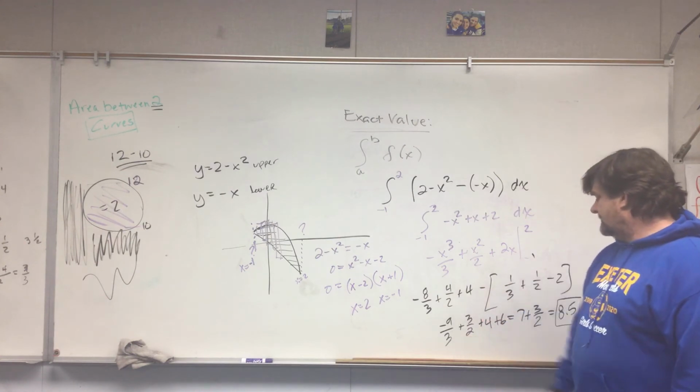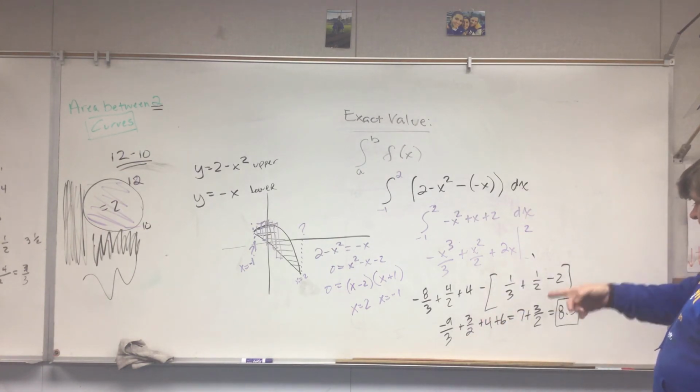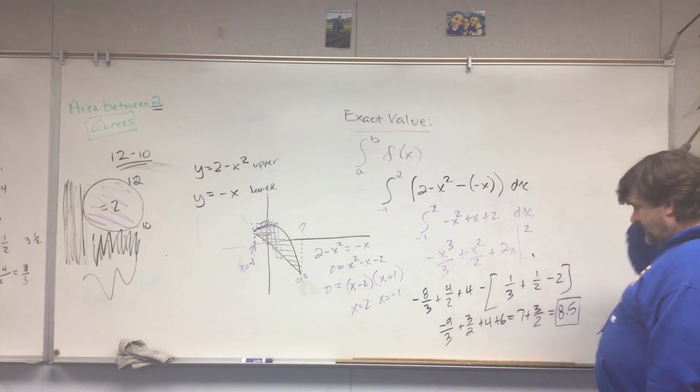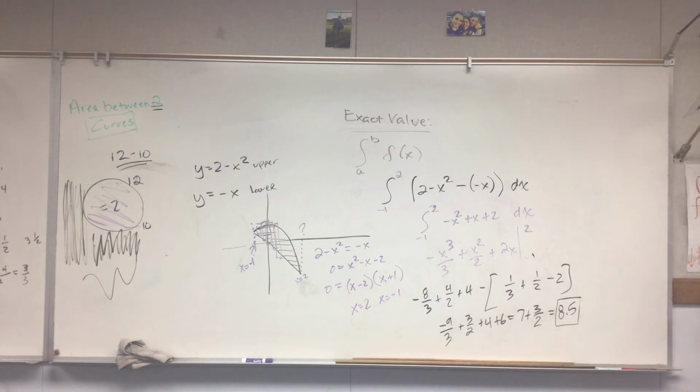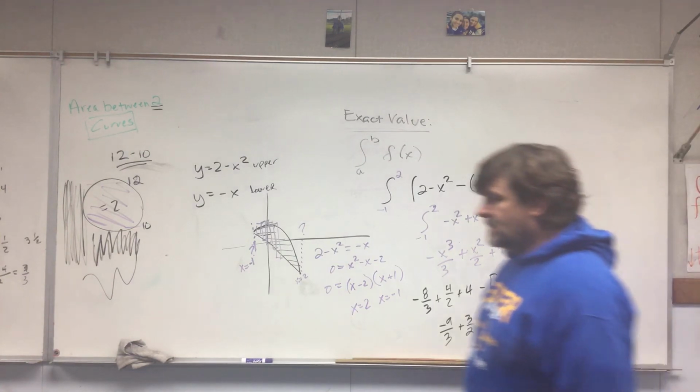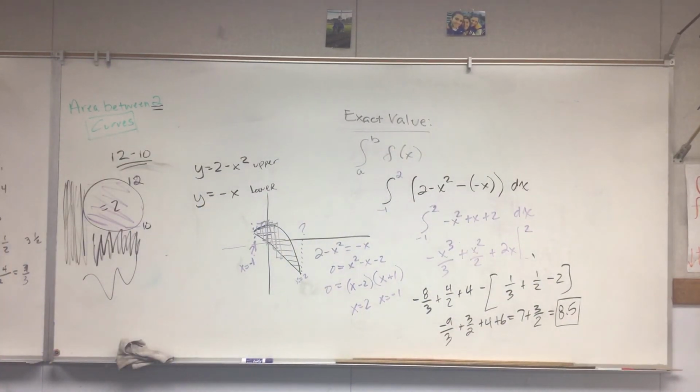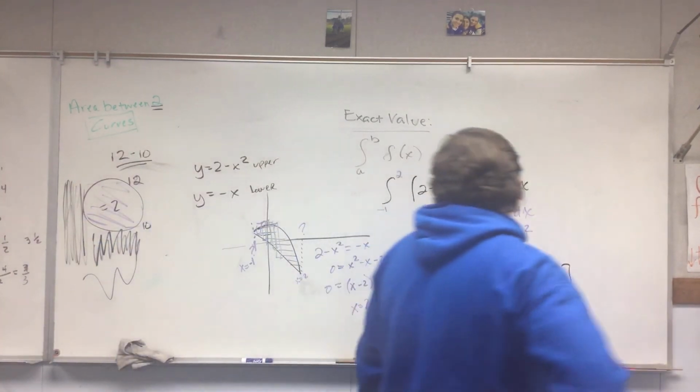It's -9/3, which is 3. That's -3. 1, that's 7. Oh, no, that's right. Upper minus lower. I'm going to have to think about that one for a second. Hold on here. We can fast forward through that. Somewhere my math has failed me, my friends.